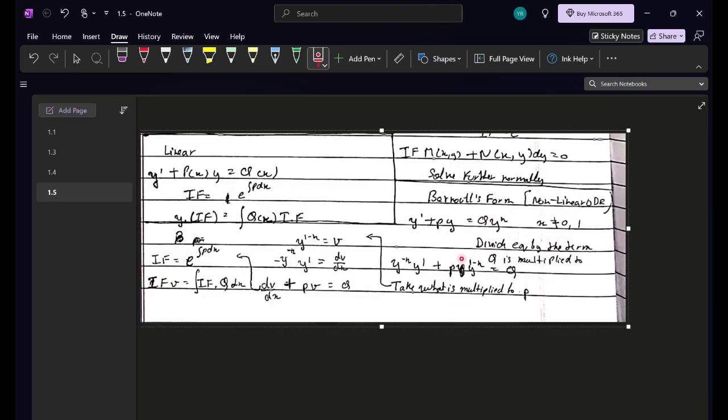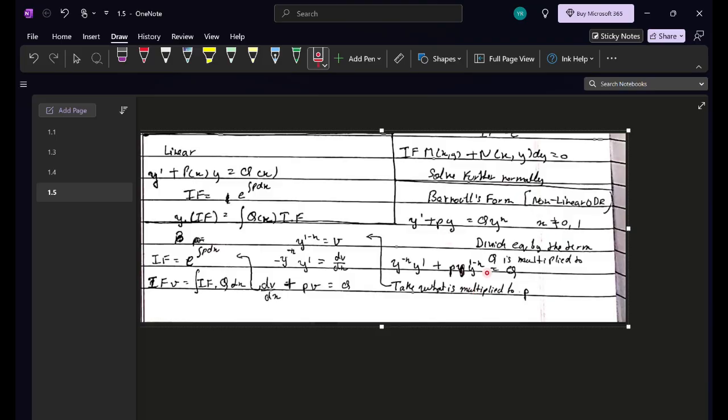As you must have noticed in the questions, it was indeed given in this form. And over here, a term of y might be multiplied with the q, and it is not necessary, but it might be multiplied. So what we have to do is divide the whole equation by the term q has been multiplied to.